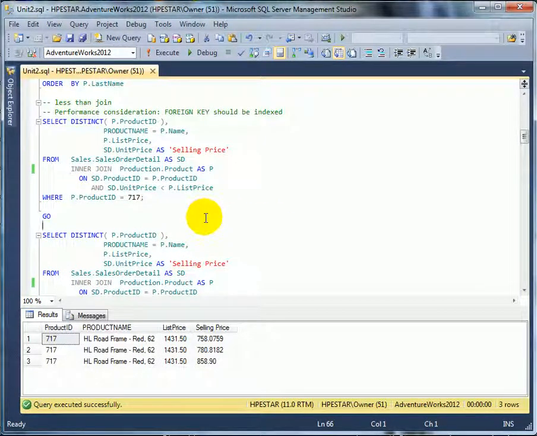So when we are joining tables, we are querying information in all the related tables. We may not be using all the information, only a subset of information. Let's continue with another inner join.